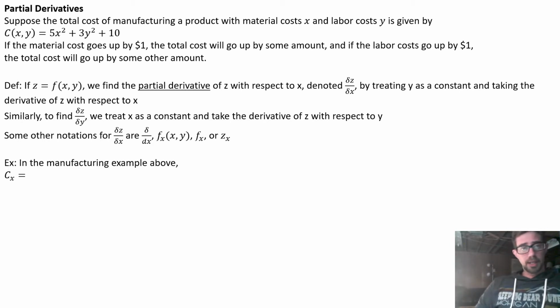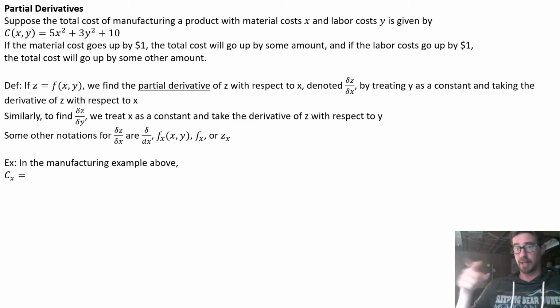Example, in the manufacturing cost example, we had 5x squared plus 3y squared plus 10. So here it goes. The partial derivative of the cost with respect to x is, okay, that first term is 5x squared. So the derivative of that is just 10x, right? 2 times 5x. The next term is 3y squared. But y is a constant. So that might as well be the same as 3 times 2 squared or something. It doesn't matter.